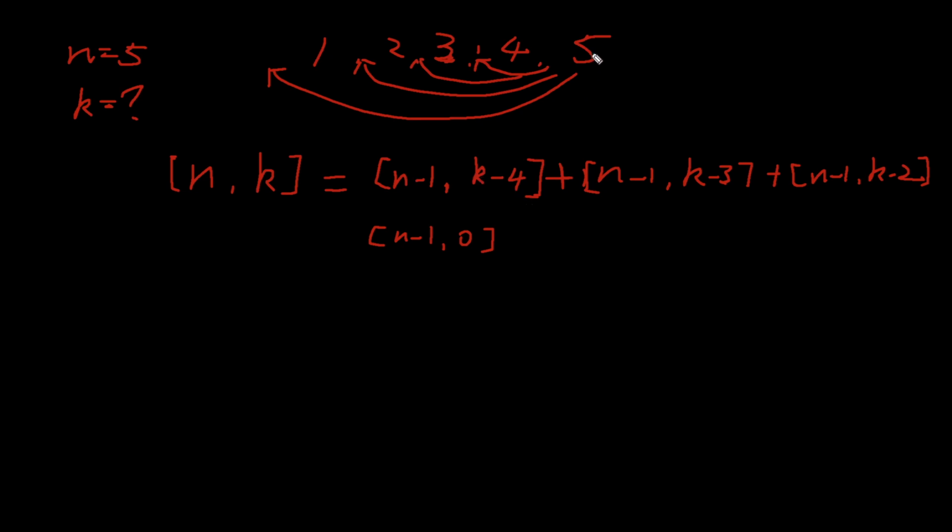Yeah, 0 means that we're not moving 5 at all, right? So we decide not to move 5, which means we're not creating any inverse pair. That's why, sorry, not 0, I mean k, right?